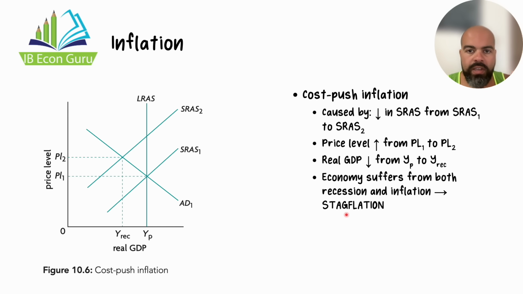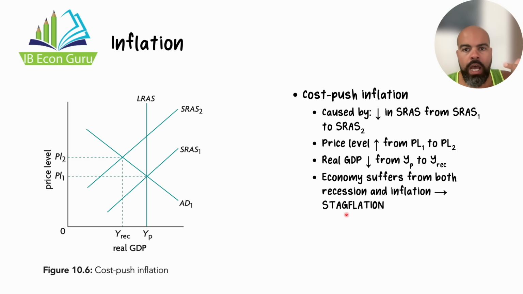There's an increase in the costs of production across the whole economy. Basically, this decrease or leftward shift in SRAS is because the costs of production have risen across the whole economy. Maybe there are higher oil prices. Maybe there's a lot of disruption in labor markets.